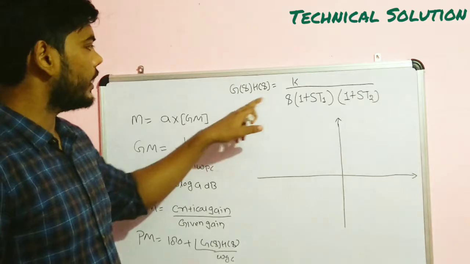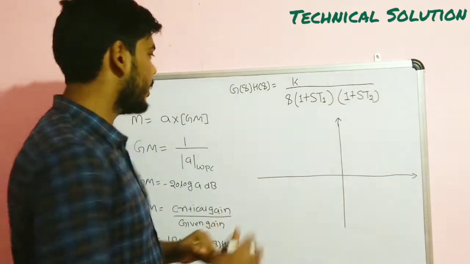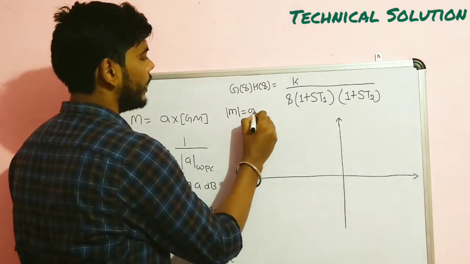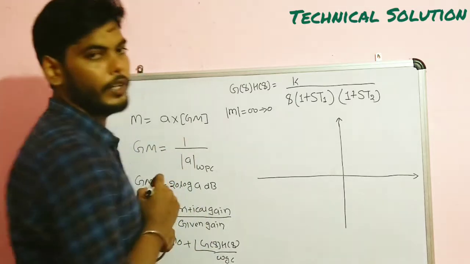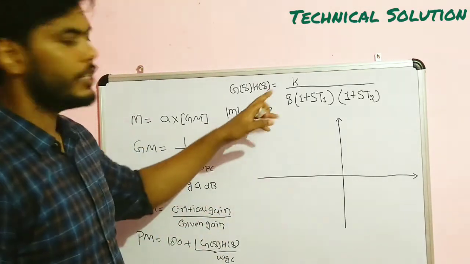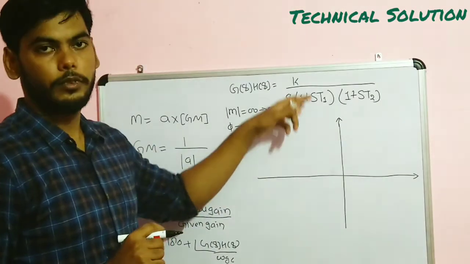So when the type of the system is 1, the magnitude of the polar plot varies from infinity to 0. Similarly, the phase of the system varies from minus 90 times the type.